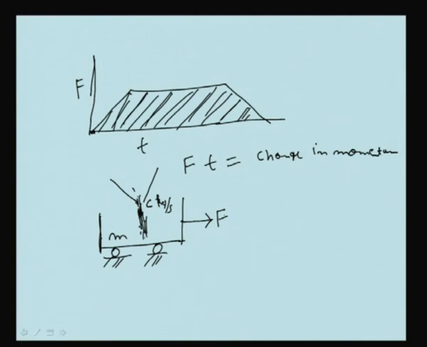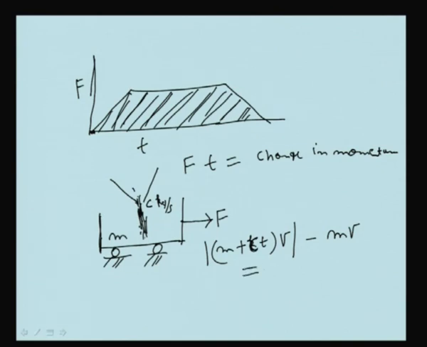Neglect the friction. In this case, at a certain time t, the change in momentum is equal to (m plus Ct) times v, because the mass after time t is m plus Ct, minus mv, that is the momentum in the beginning when nothing was there.